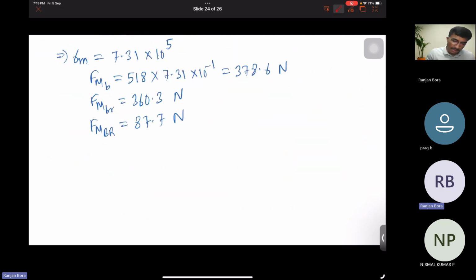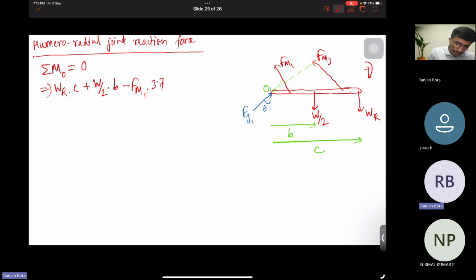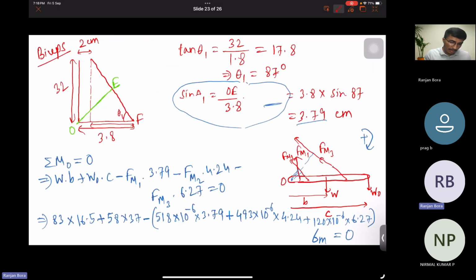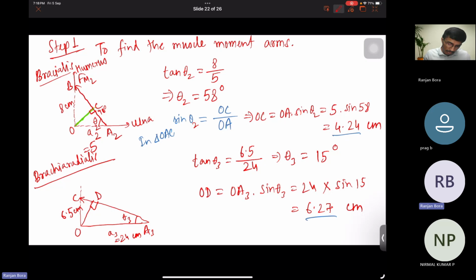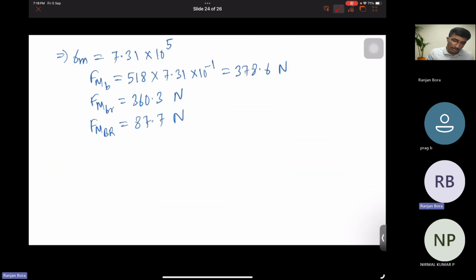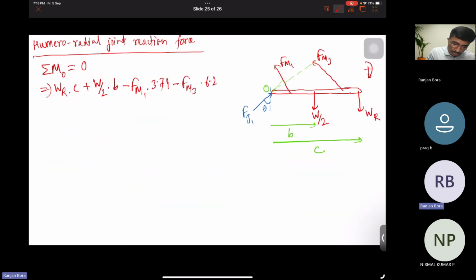It is 3.79, minus FM3 dot brachioradialis muscle 6.27, is 0. So if we solve this, we'll get WR.